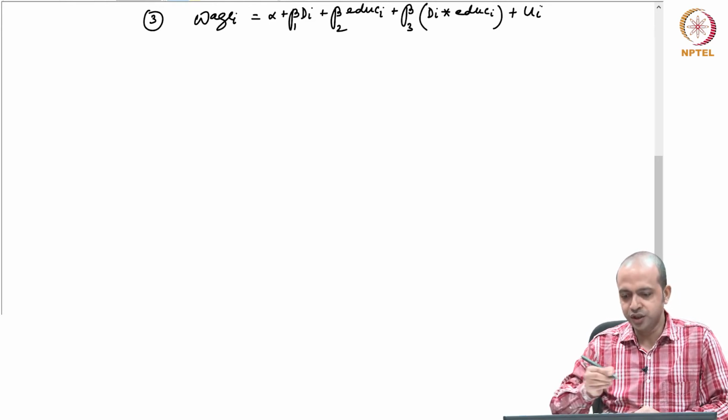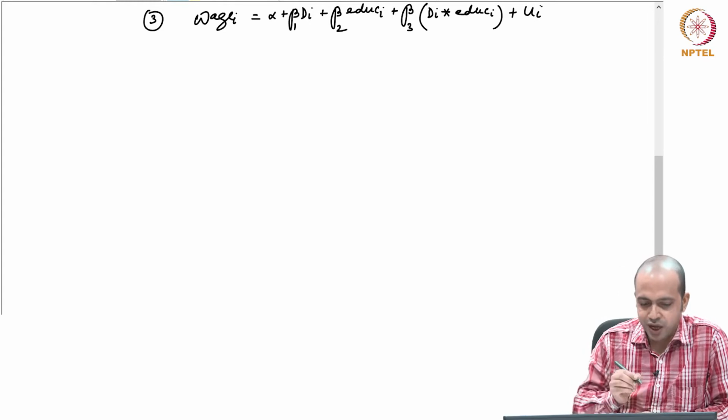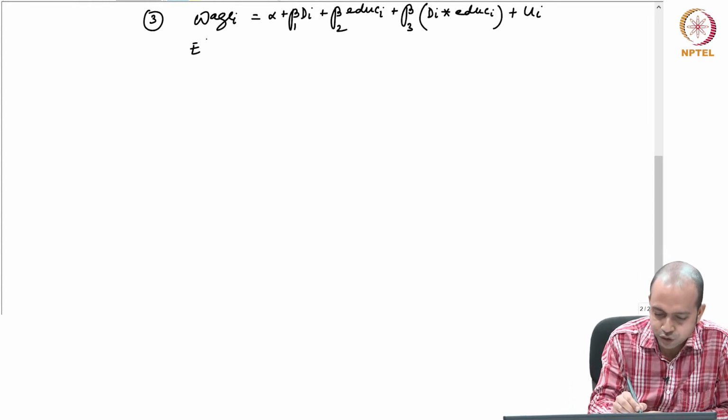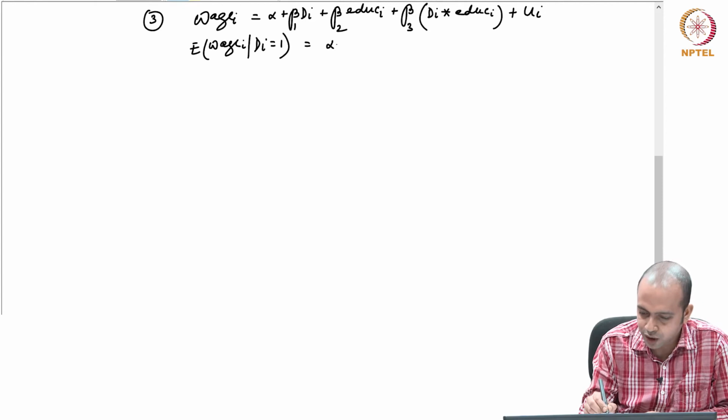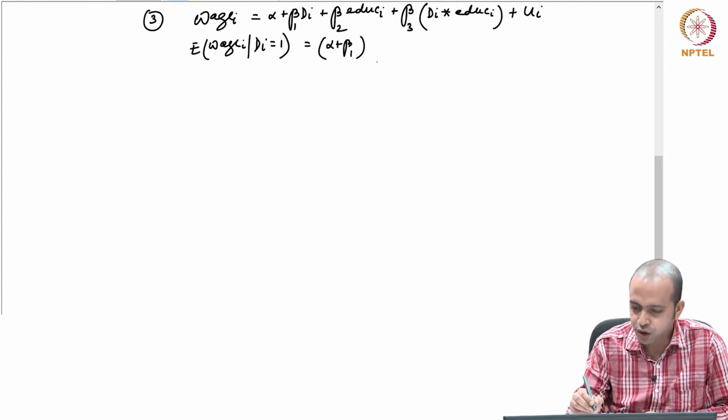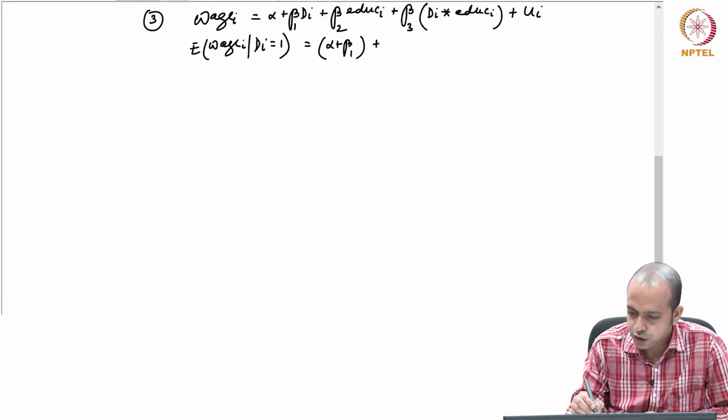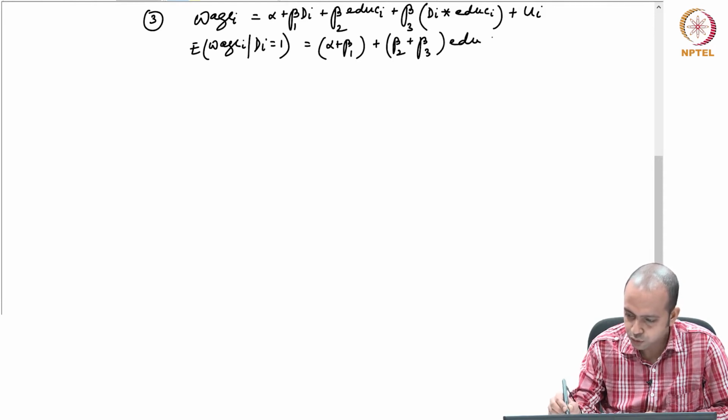Okay. So, in this case if you quickly take again the expectation of wage given di equals 1, what will happen? This would become alpha plus beta 1 plus beta 2 plus beta 3 education.